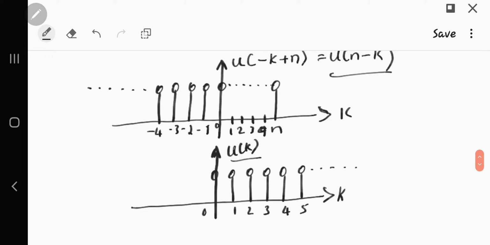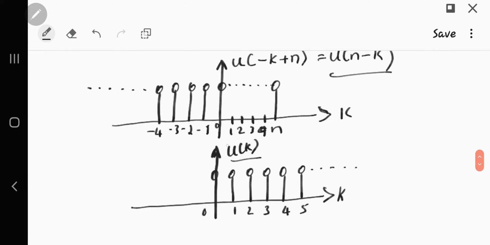Now just observe, if you multiply these two signals for values of k which are less than 0, u of k is 0, and if it is multiplied with 0, then you will get 0 only. So this part will be 0.